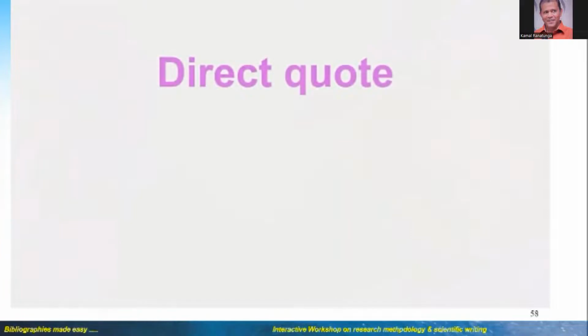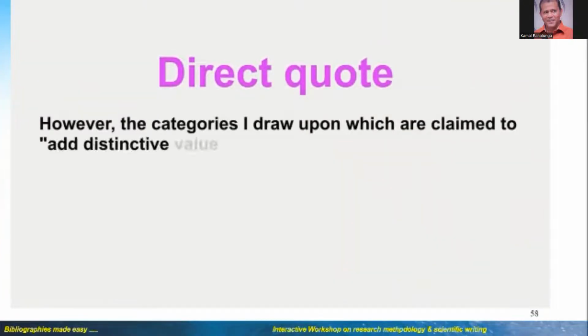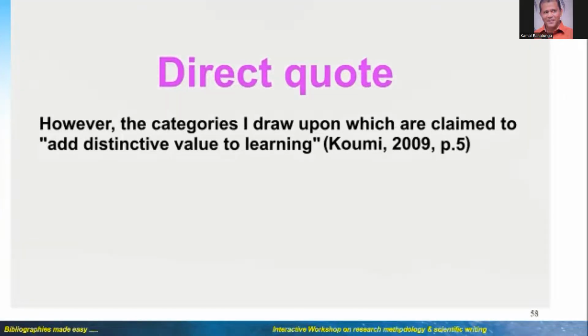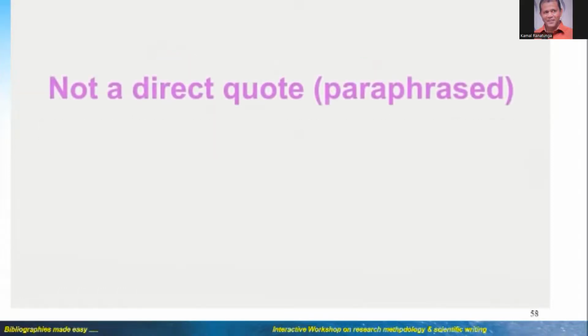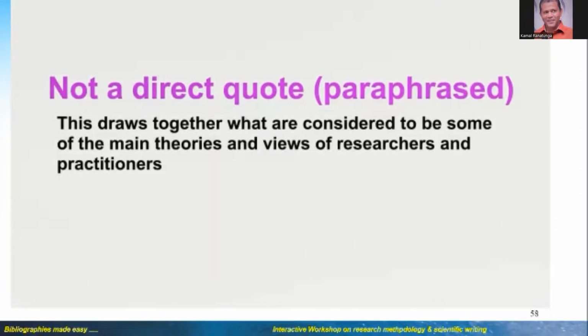A citation only includes a maximum of 3 pieces of information. If you're copying a direct quote, this will be the author's surname, the year the source was published, and the page number. If it's not a direct quote, you should include the author and the year the source was published.